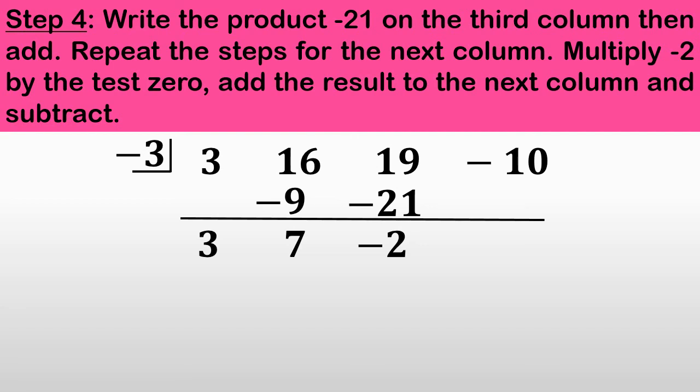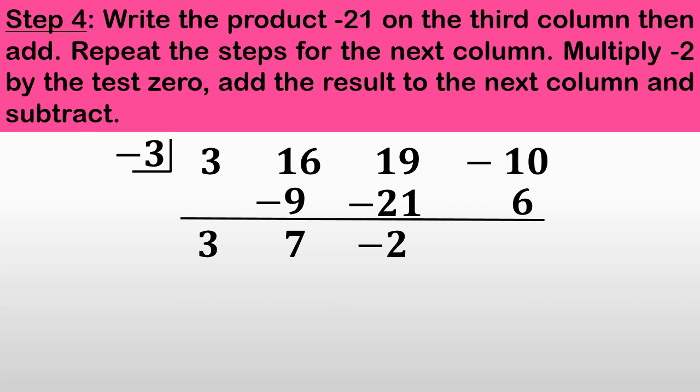Repeat the steps for the next column. Multiply negative 2 by the test 0. Okay, so negative 2 times negative 3, the answer is positive 6. So, when we are multiplying negative to negative, automatic ang magiging value ay positive.